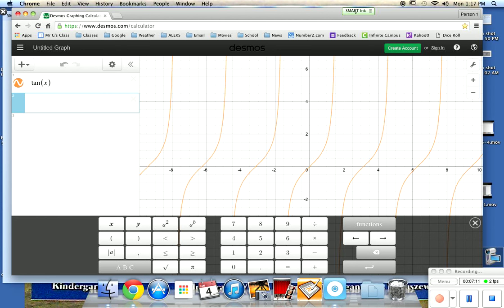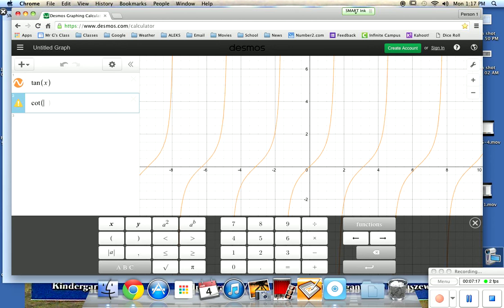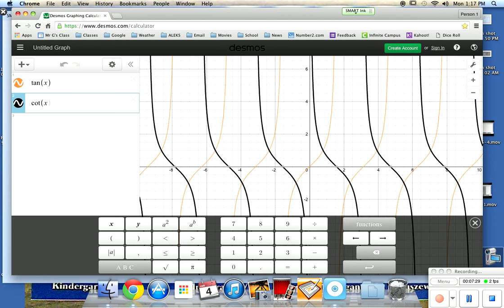What's my cotangent going to look like? Remember, we're flipping it, right? We're flipping it upside down. It's going to go the opposite direction, but it's going to be shifted what? 90 degrees over.